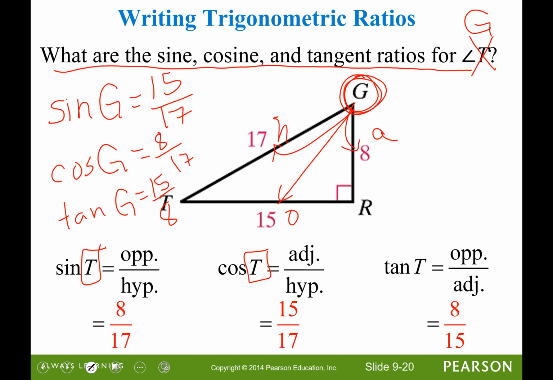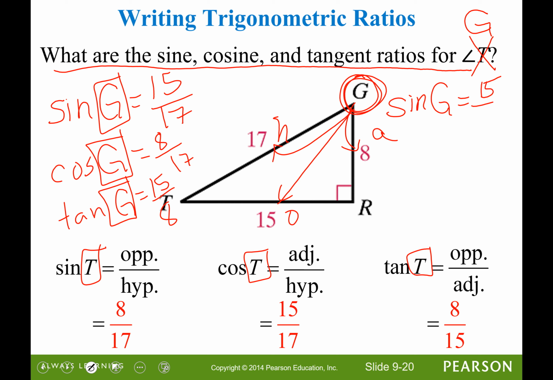What is the measure of angle T? And then this one in these 3 equations. What is the measure of angle G? That's the unknown. And I'll show you how to solve for that unknown angle measure. Just going to show you one right now. Might as well. Sine of G is equal to 15 over 17.